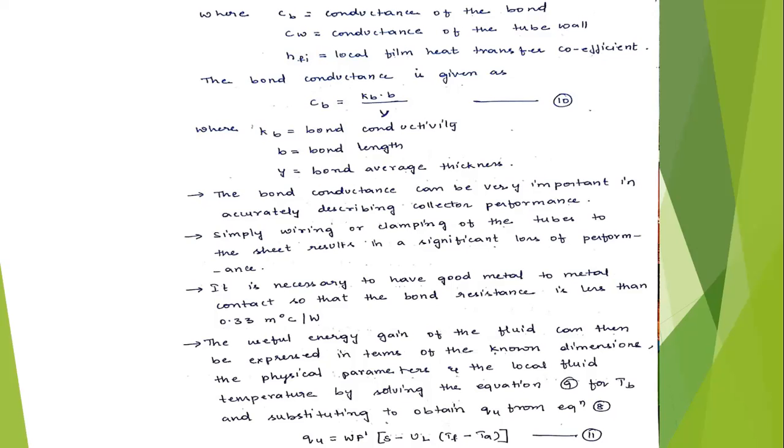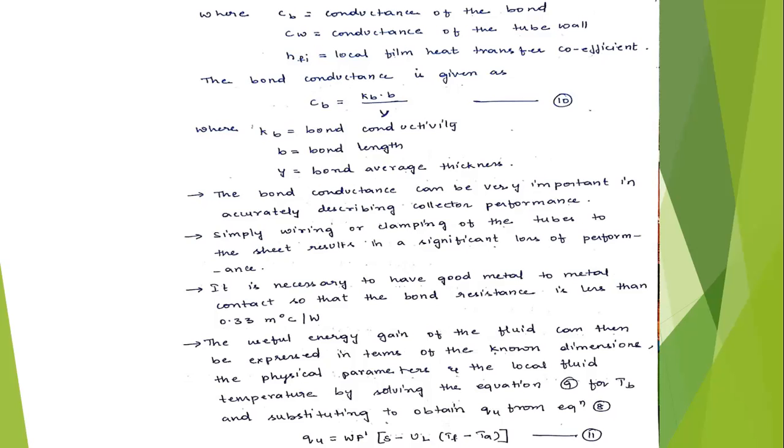Simply wiring or clamping of tubes to the sheets is not sufficient, as wiring and clamping result in significant loss of performance. So for this we have to use some bond material.